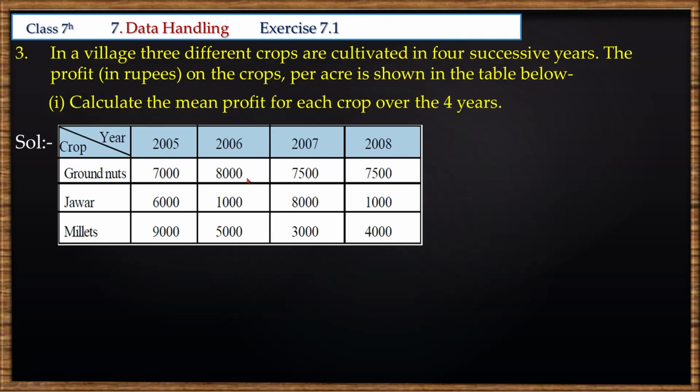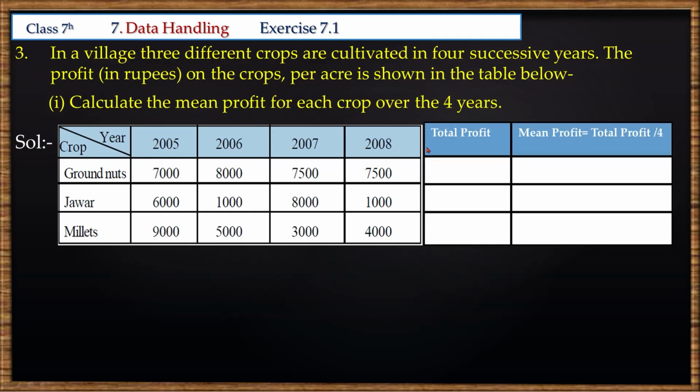For 4 consecutive years, the groundnuts, jowar and millets crop profits are given here. So we have to calculate the mean profit for each crop over the 4 years. Let us extend this table. We will calculate the total profit, and mean profit will be total profit by 4.